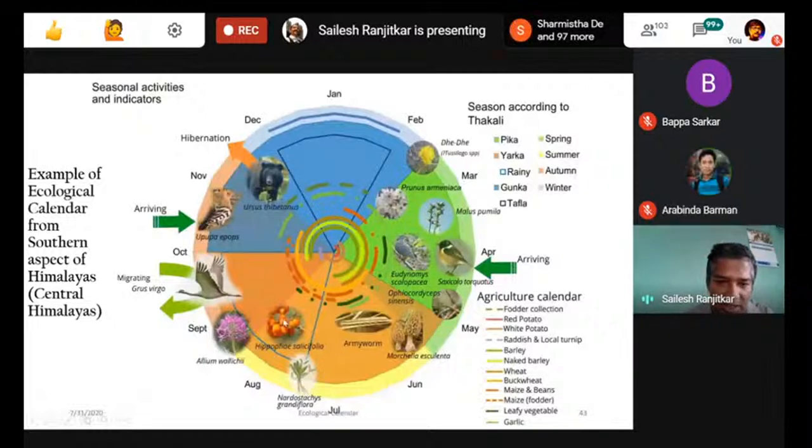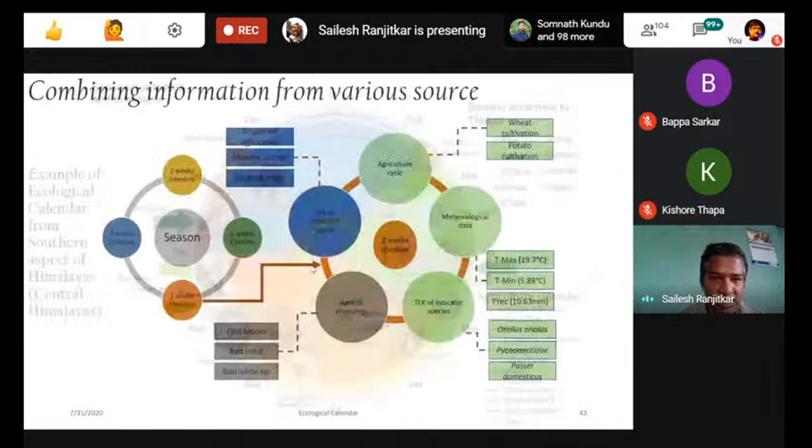Similarly medicinal plants or edible plants, or even how they observe migratory birds and wildlife, all these are included here. And the crop calendar is at the center, and the link between them can be key to the ecological calendar.